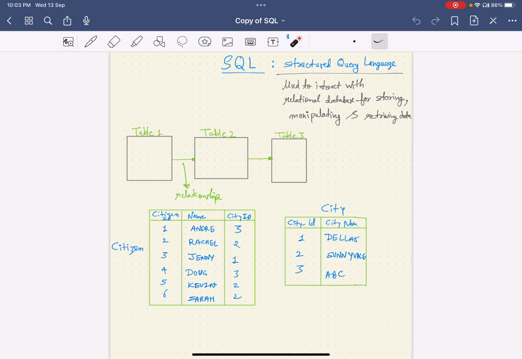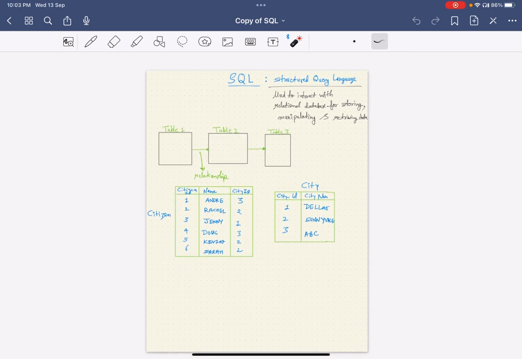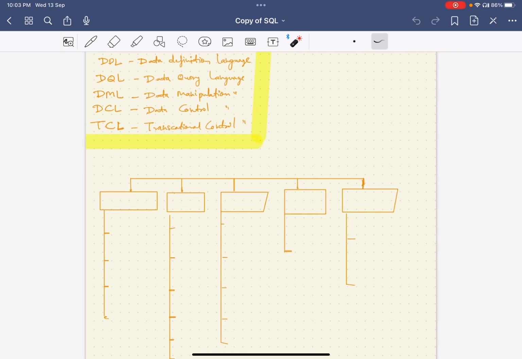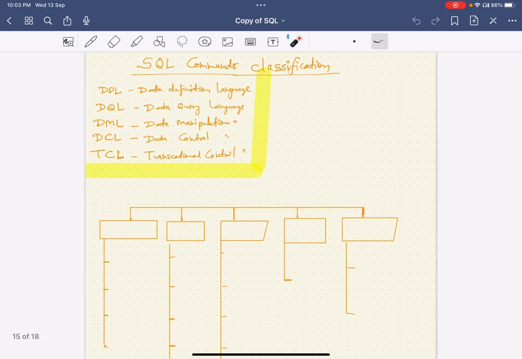Now you might ask how we will do all this: how we will store datasets, how we will manipulate our datasets, how we will retrieve the data. For that we have SQL commands.